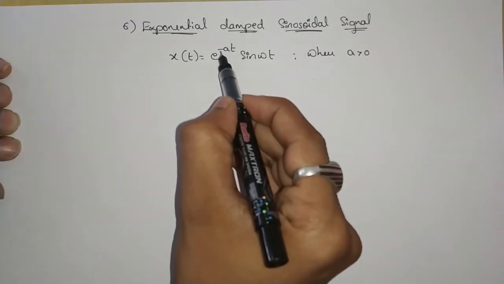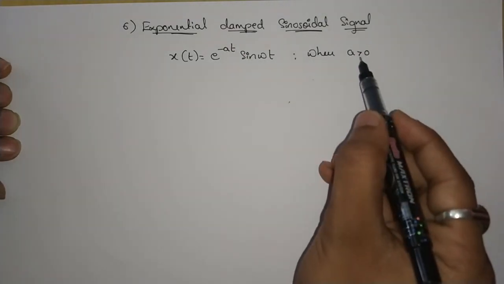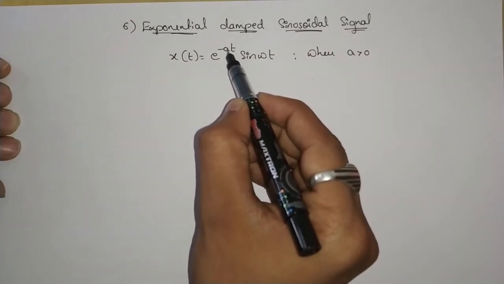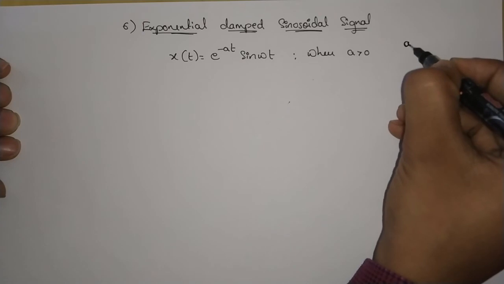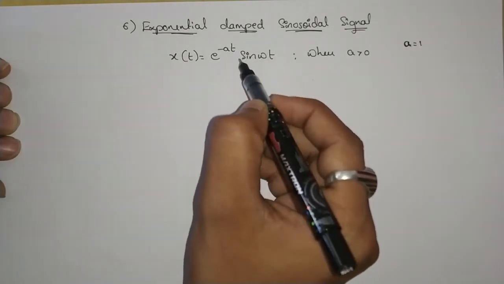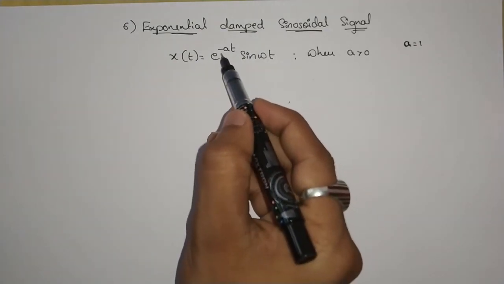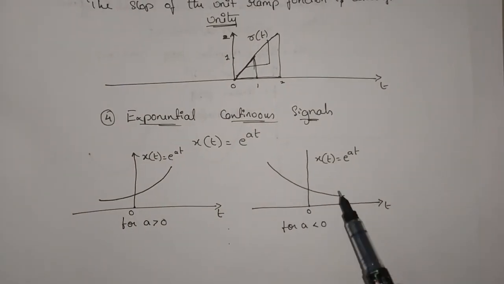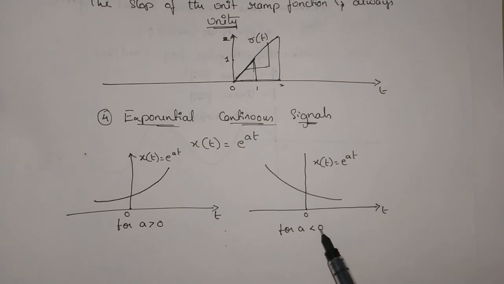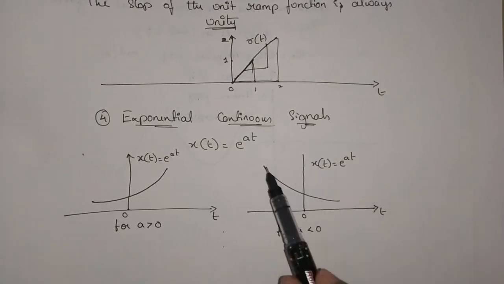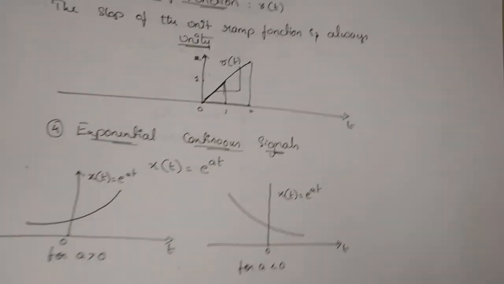Since we are already considering it as minus a, a should be a positive value, so that it becomes e power minus. If a is equal to plus 1, it would be minus of plus 1, minus 1t, like that. Okay, since it is e power minus at, it is an exponentially damping signal, which means decaying signal. If a is less than 0, which means negative values of a, it is a growing exponential signal.